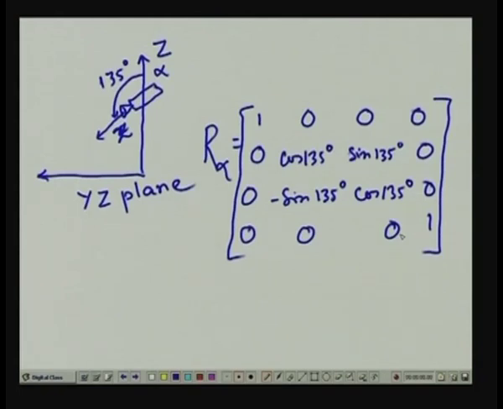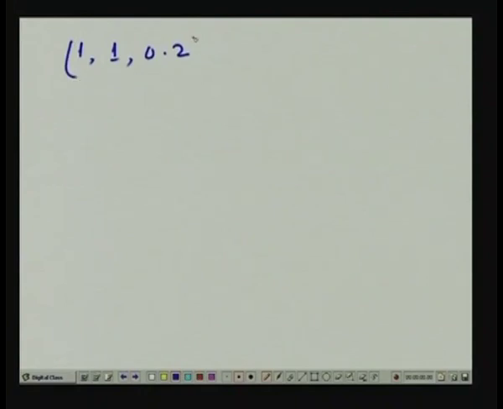After doing this, the 3D world point for which we want to find out the corresponding image point is given by 1, 1, 0.2. This is the 3D world coordinate point, and after application of all these transformations, the transformed coordinate of this 3D world point, if we write it as x hat, y hat, z hat, has to be represented in unified form.